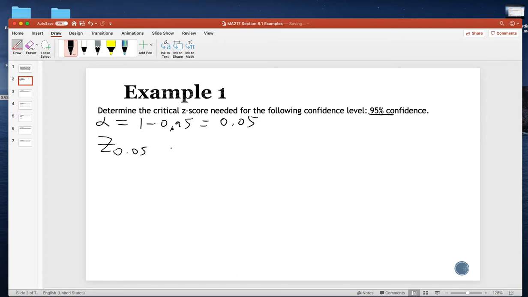That means we want to find the probability that z is greater than the critical z-score is equal to, now let me draw a picture here to emphasize this.